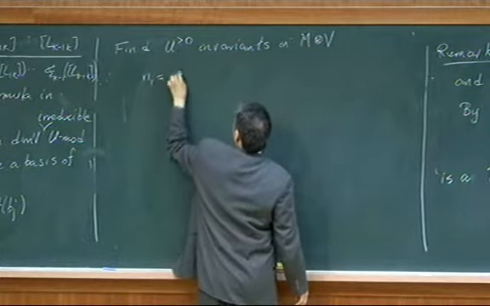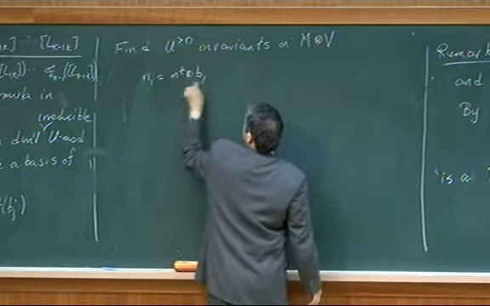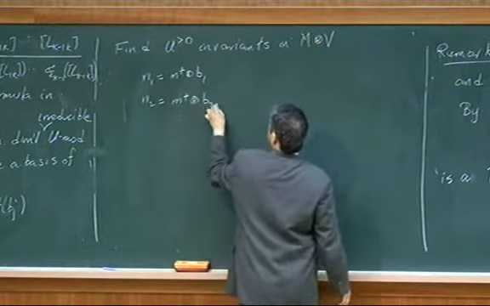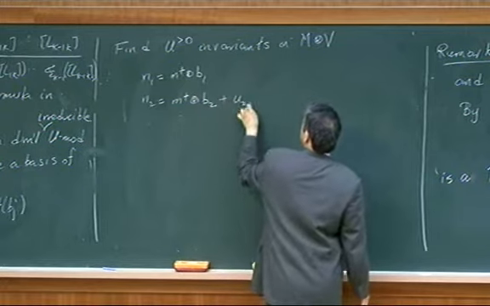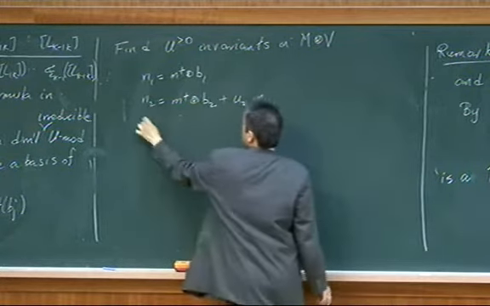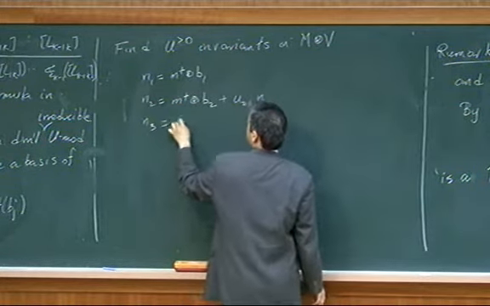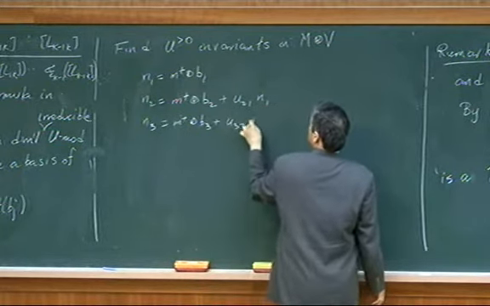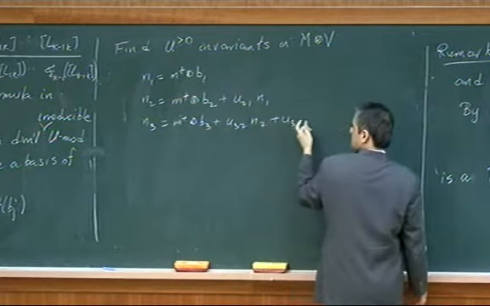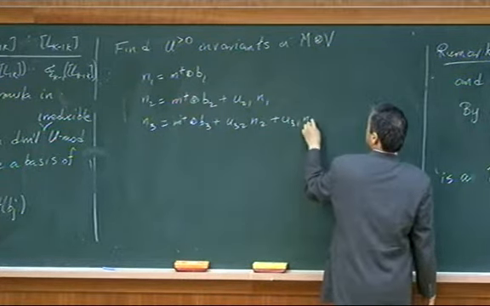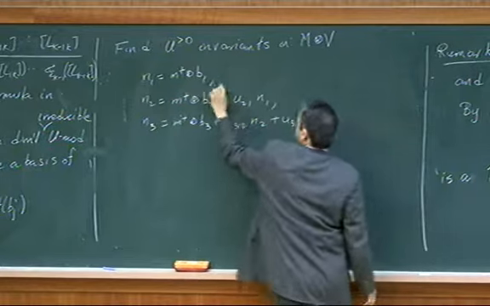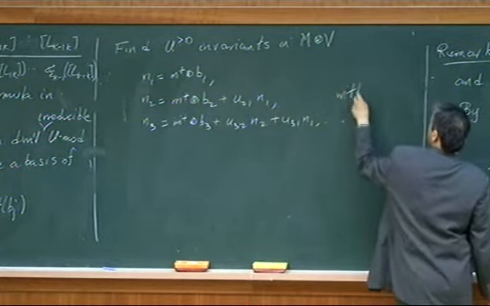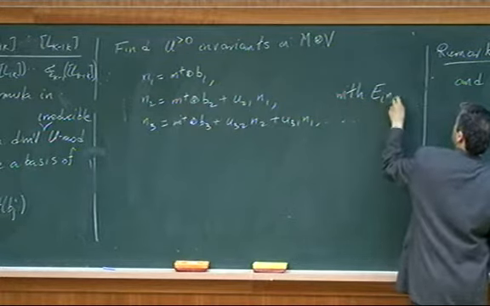The first one is easy. And the second one, you have to take M tensor B2, and then you have to add some garbage. And then the next one, you take M tensor B3, and then you have to add some garbage from higher up. And you compute. So this is with EI and K equals 0.